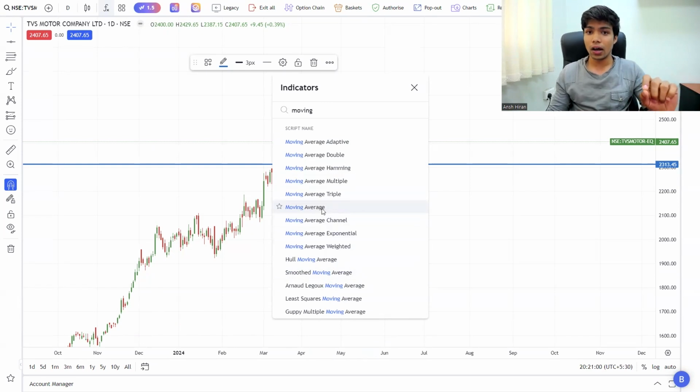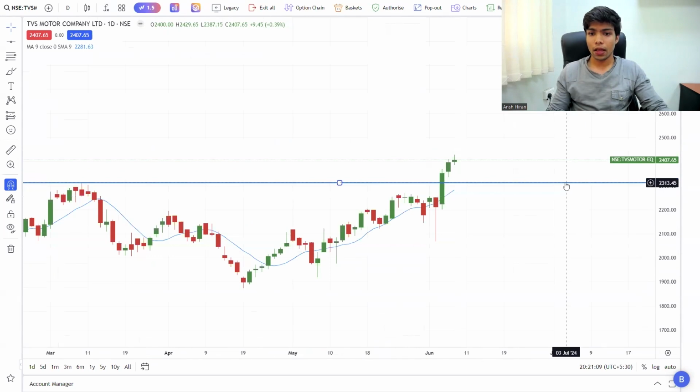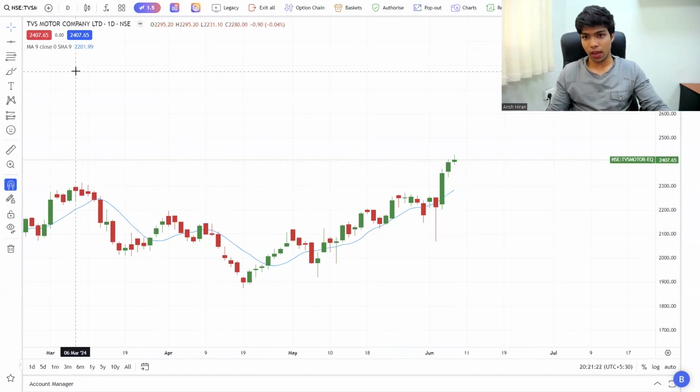In some platforms, you will also get simple moving average, and in this one, you have moving average, which is also simple. Okay. So this line that you see over here, this blue line that you see is called moving average. Now, what is the use of this moving average? Let's talk about it.